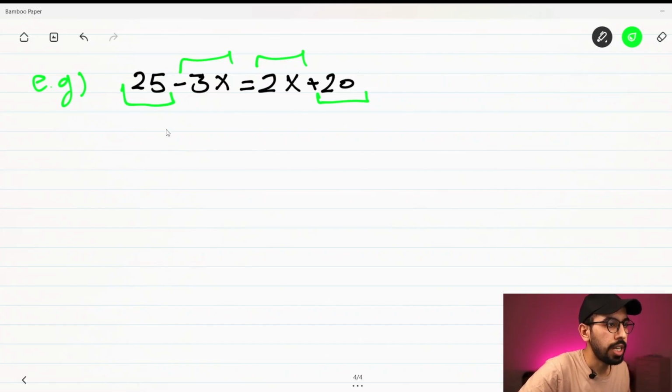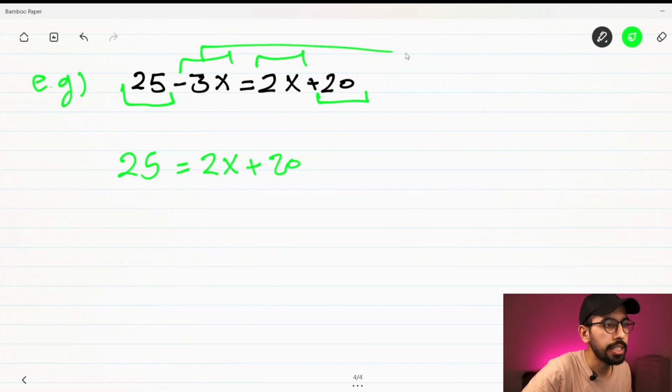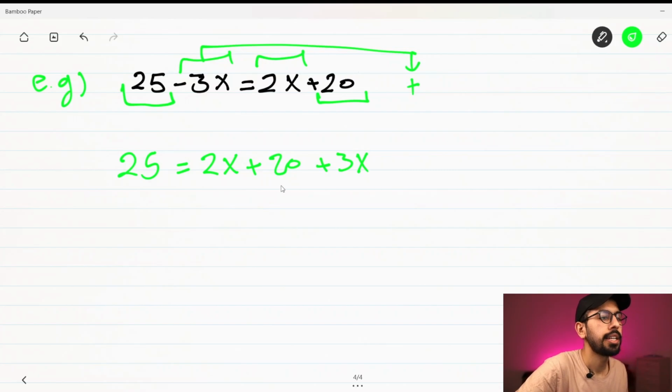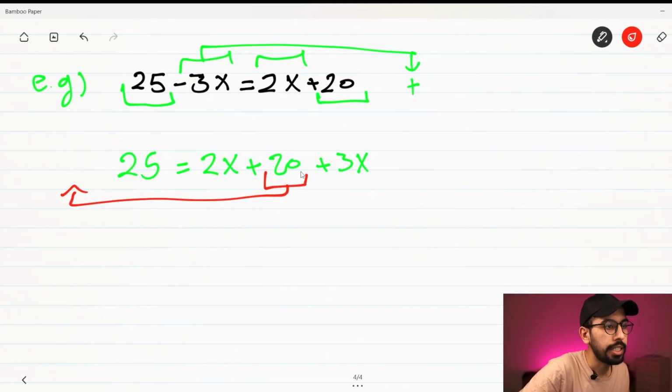The obvious thing to do now is to move this 3x to the other side. So we have 25 equals 2x plus 20, and this minus 3x will be positive 3x. Now we have this 20 here. We need to move it to the other side. It is a positive 20, so it will be a negative 20 here.